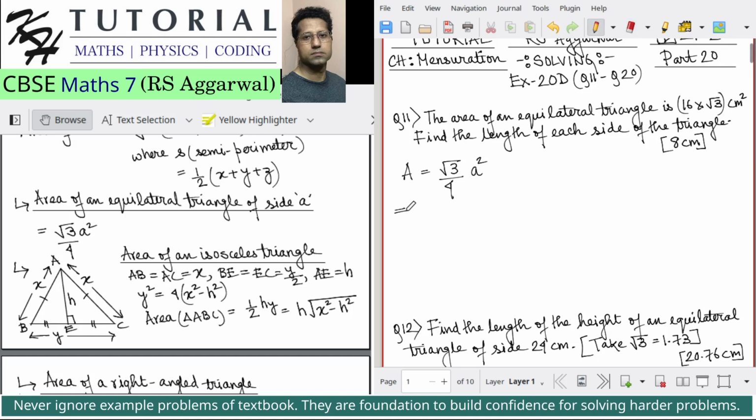Okay, so we have area is given to be 16 multiplied by square root of 3 centimeter square, which is equal to square root of 3 divided by 4 a square. So this implies we can ignore the unit centimeter square from both sides and just equate the value, and we get a square is equal to 4 by root 3 multiplied by 16 multiplied by root 3.